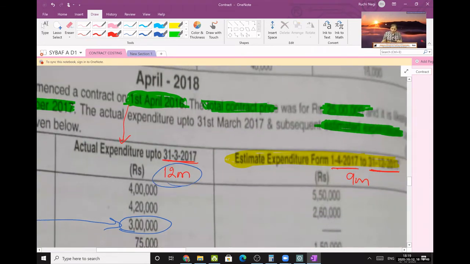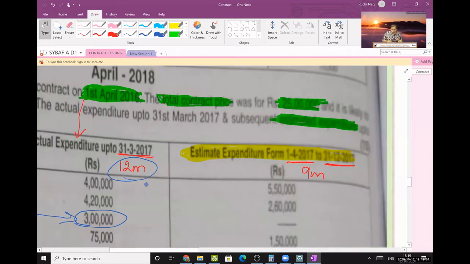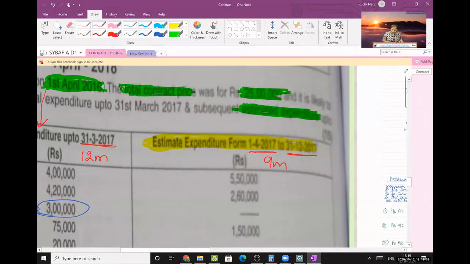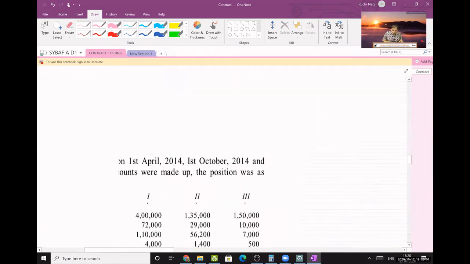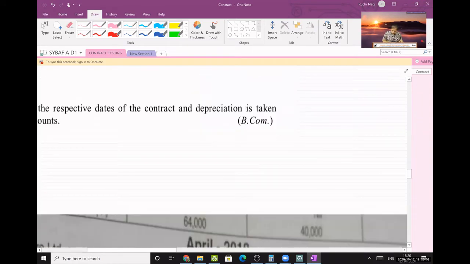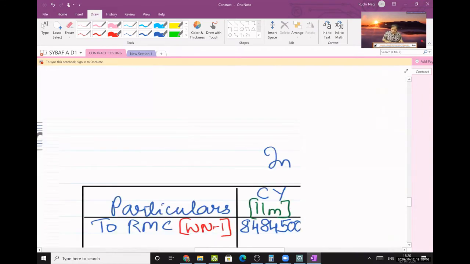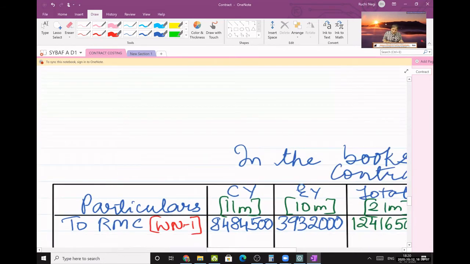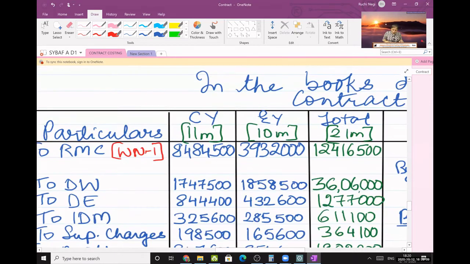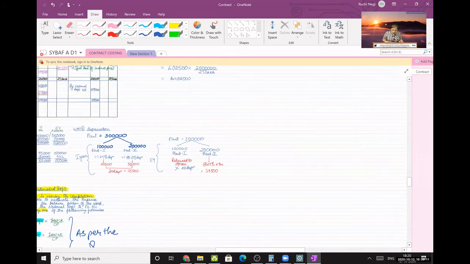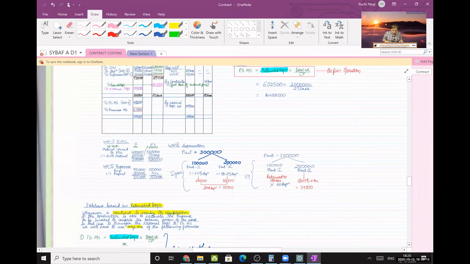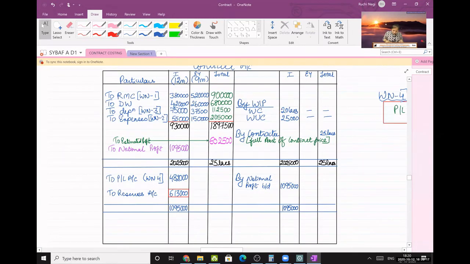And the estimated year is from 1st April to 31st December: April, May, June, July, August, September, October, November, December, 9 months. So the total contract is of 12 plus 9, 21 months. Where is that sum? Here. 12 plus 9, 21 months contract.